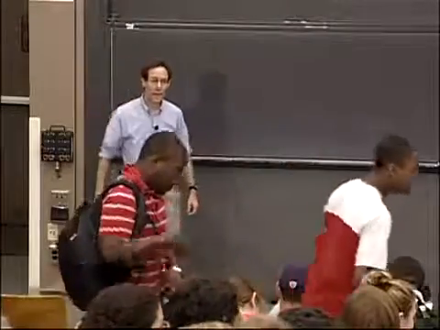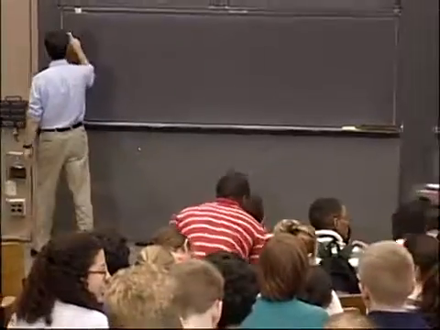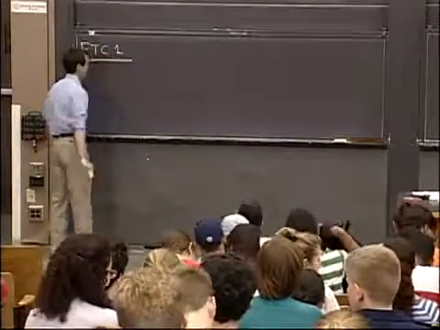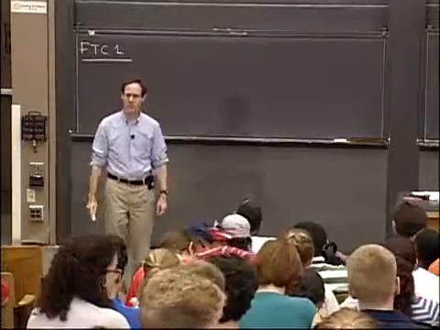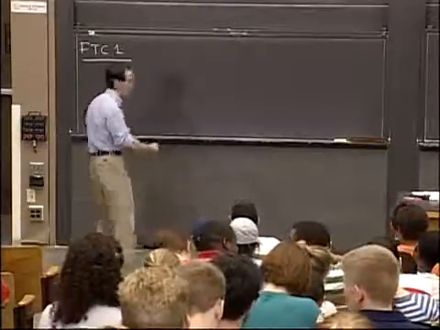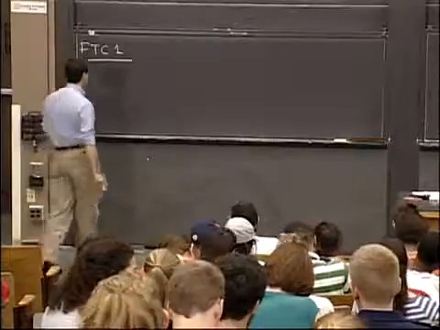To begin today, I want to remind you of the fundamental theorem of calculus. We called it FTC1 because it's the first version of the fundamental theorem. We'll be talking about another version, the second version, today.